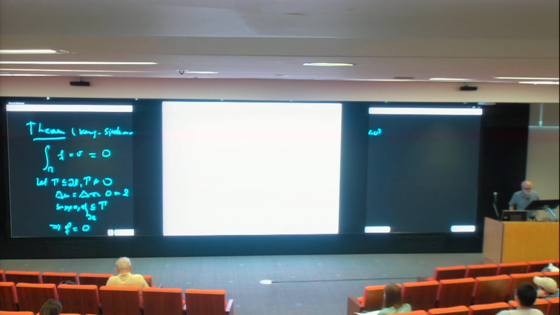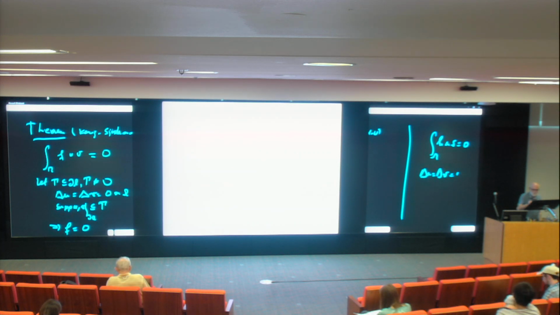So it's the same as Calderon's computation. Calderon, remember, was the integral of H U V equal to 0 for harmonic functions, then implies H equal to 0, but you don't have any condition on the support.